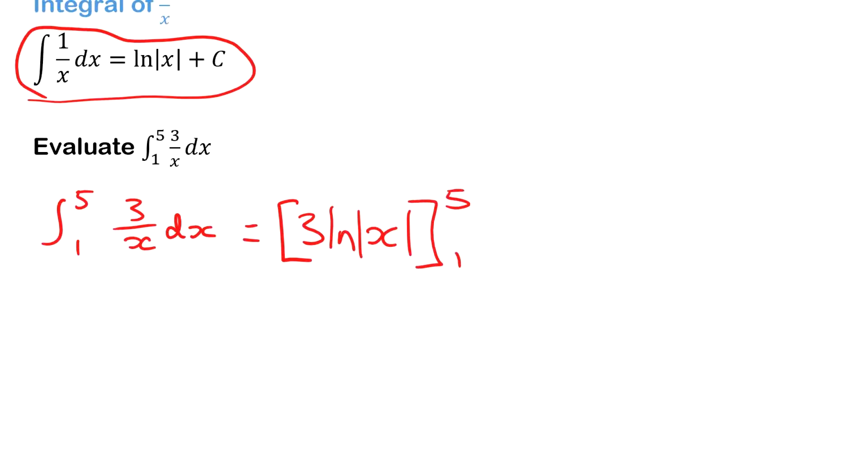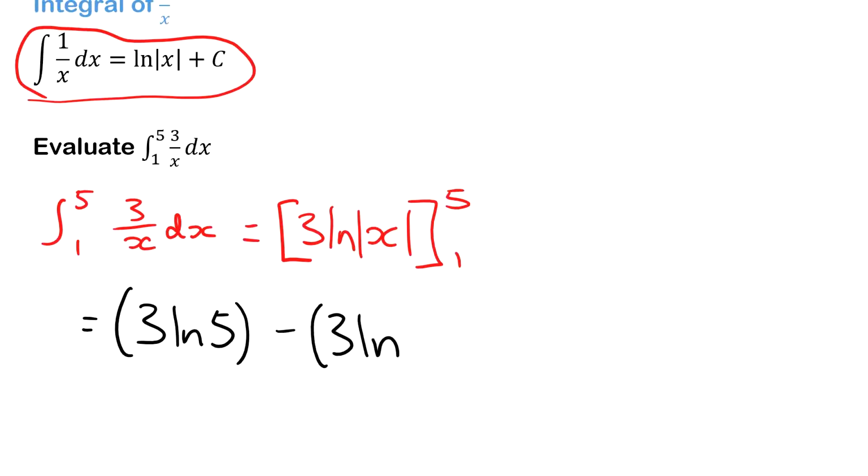Now remember, when you're doing your integrals, it's your biggest number, so the 5 in this case, subtract the small number. So in our case, we're going to get 3 natural log 5. That's our first one, and then we're going to subtract the second one.